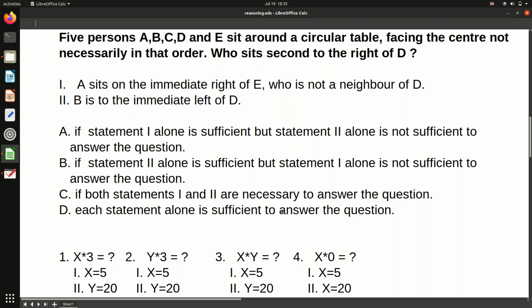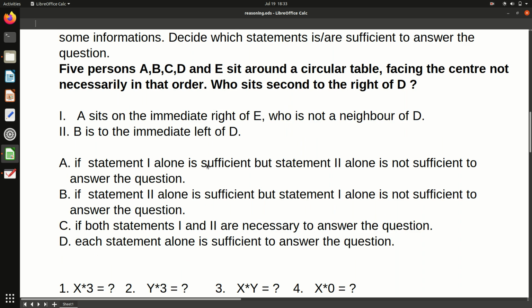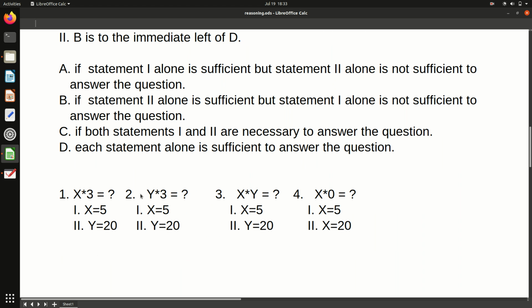Each statement alone is sufficient to answer the question. So these are the 4 options, and students generally face problems in understanding these options alone. Okay, so we will see how to deal with it. So I have taken some examples, and with these examples we will see what all this statement means, then we will move to the question.